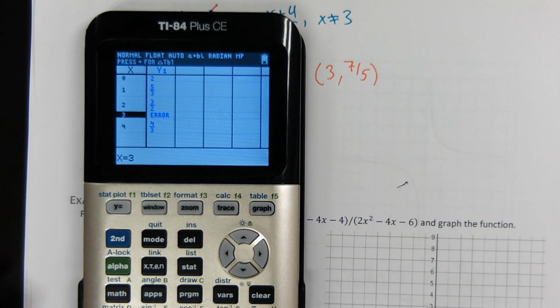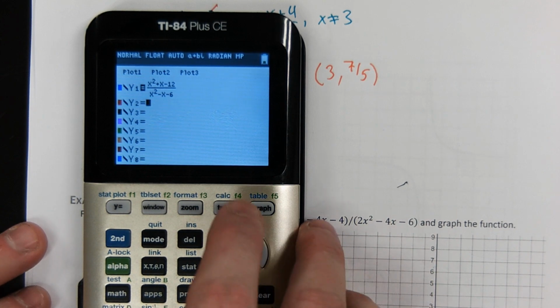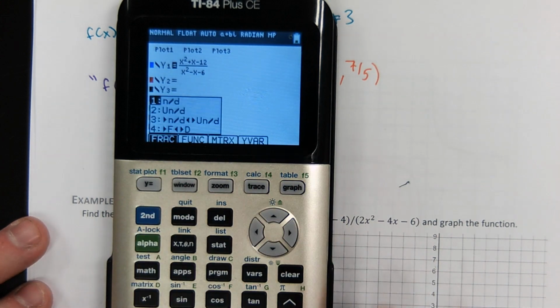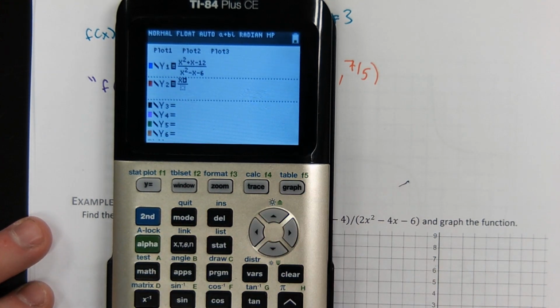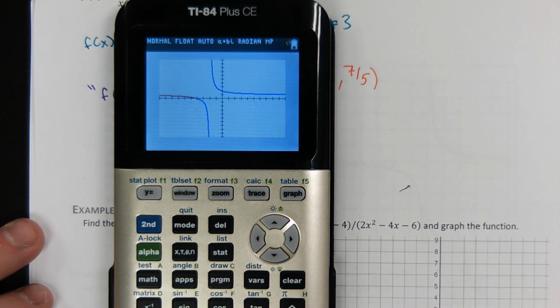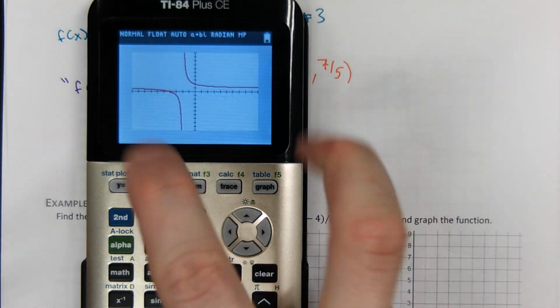Now I'm telling you, though, that it cleans up to x plus 4 over x plus 2. And now it's going to trace a red line over my blue line. The colors don't really come out very well, but I hope you can see that they are changing. And you can see that they are the same graph, right?